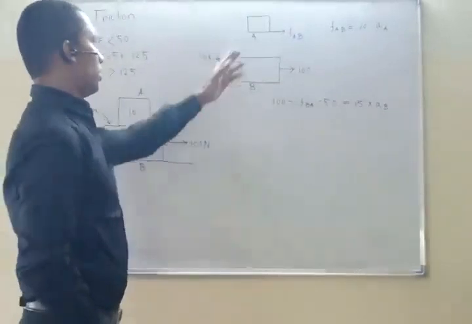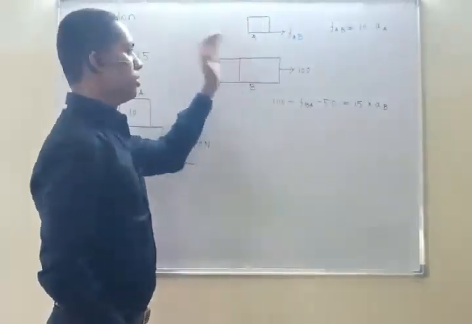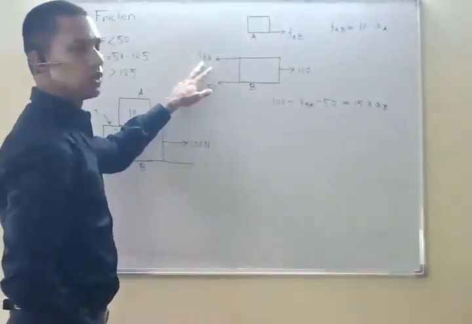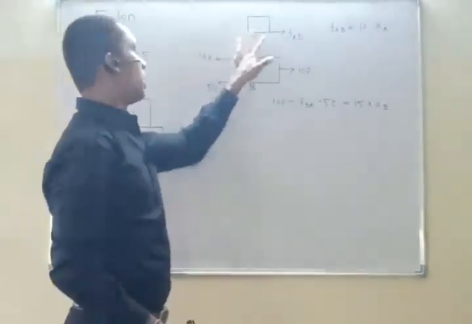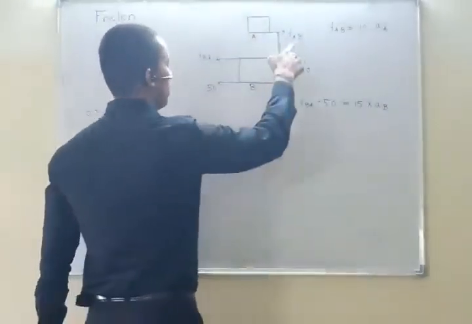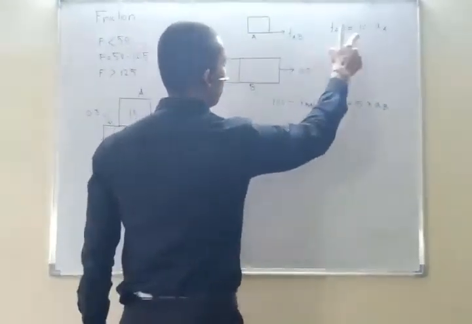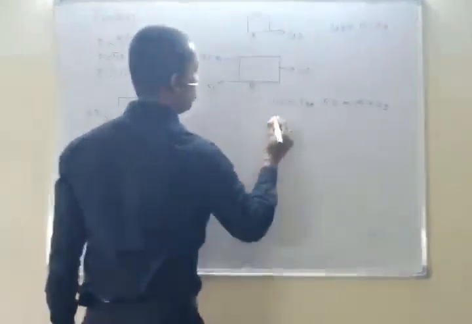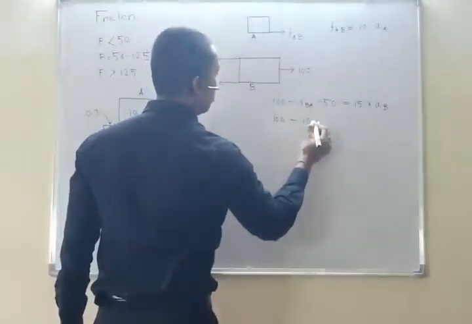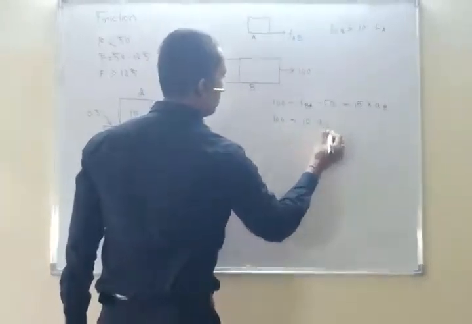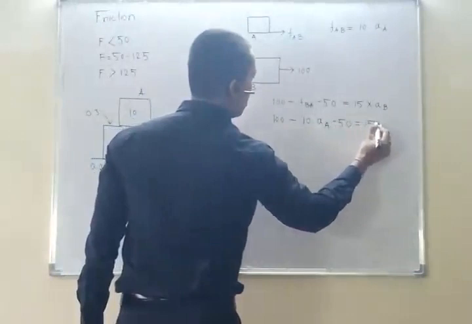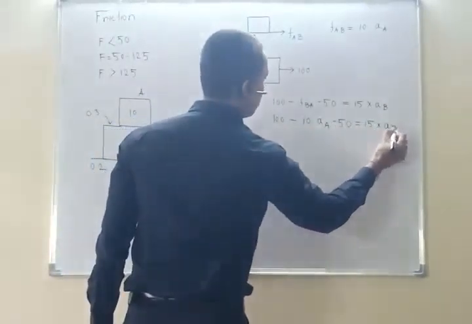If these two blocks are moving together, then FAB has got to be the same as FBA. So FAB is equal to FBA, and FAB is 10 into AA. So 100 minus 10 into AA minus 50 equals 15 into AB.